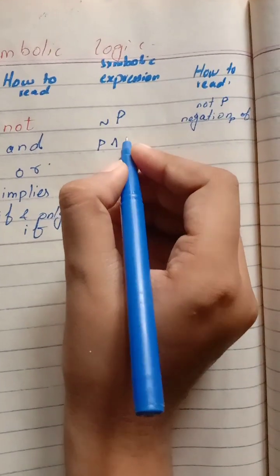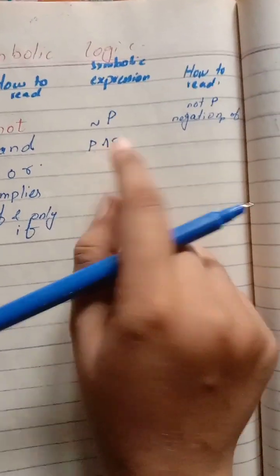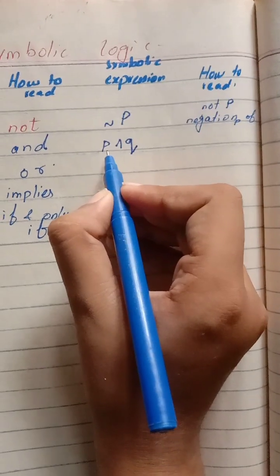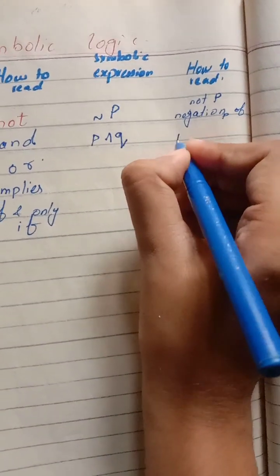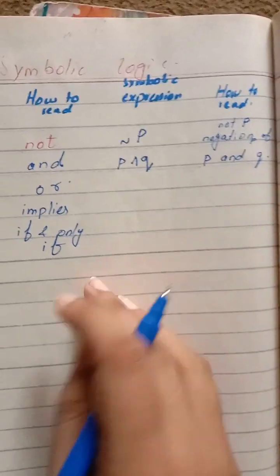We can write it as P and Q and read it as P and Q.